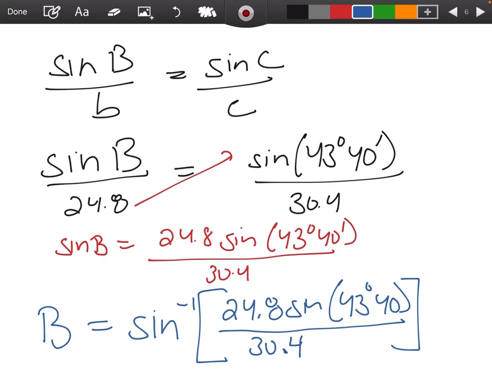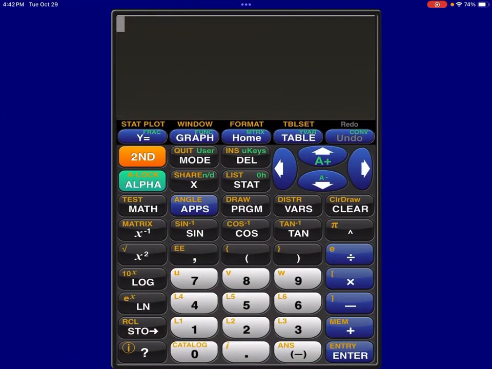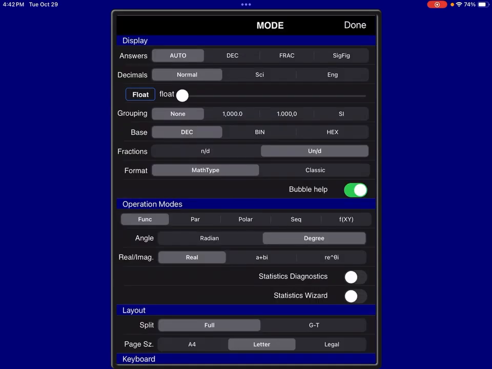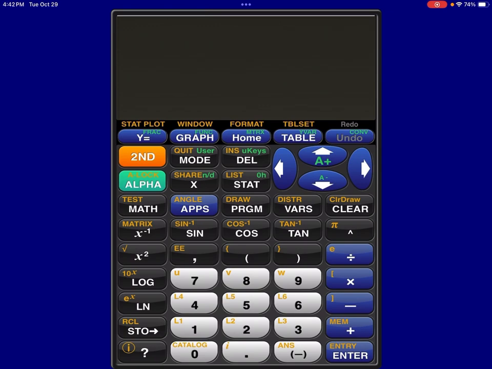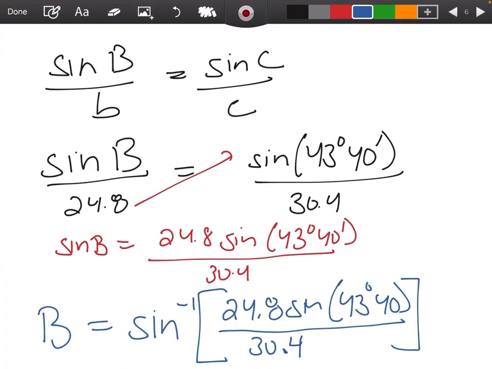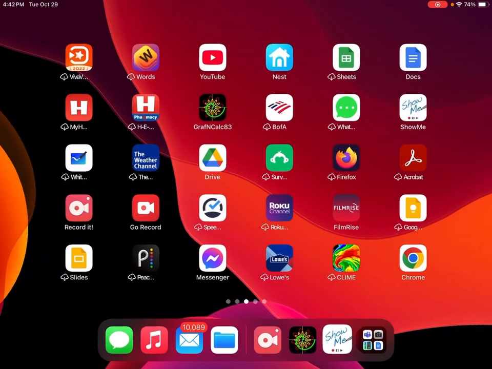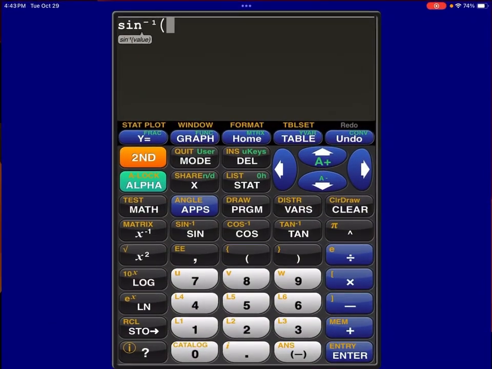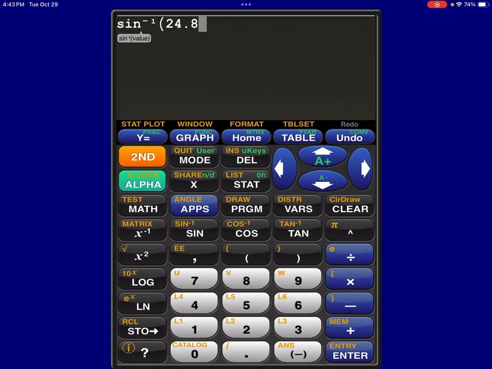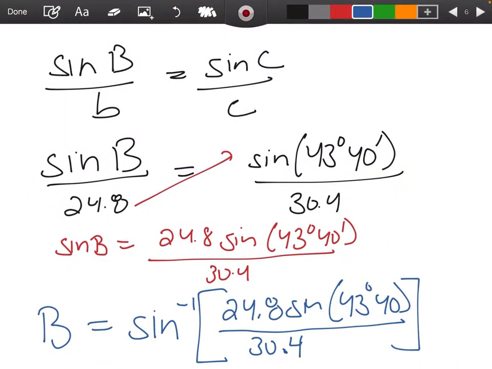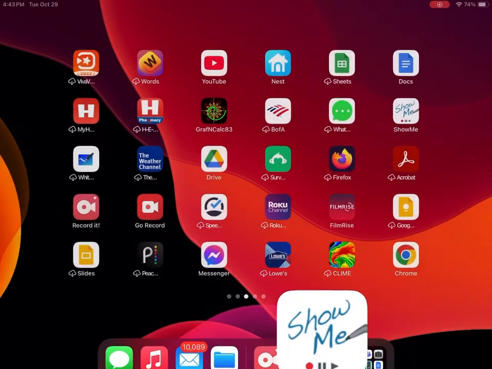Okay, so let me grab my calculator, y'all. Let me clear this out. First thing, I want to make sure that I'm in degrees, so let me check my mode. Yes, my angle's in degrees. So I'm going to take the sine inverse of 24.8 times the sine of my angle, which again was 43 degrees, 40 minutes.